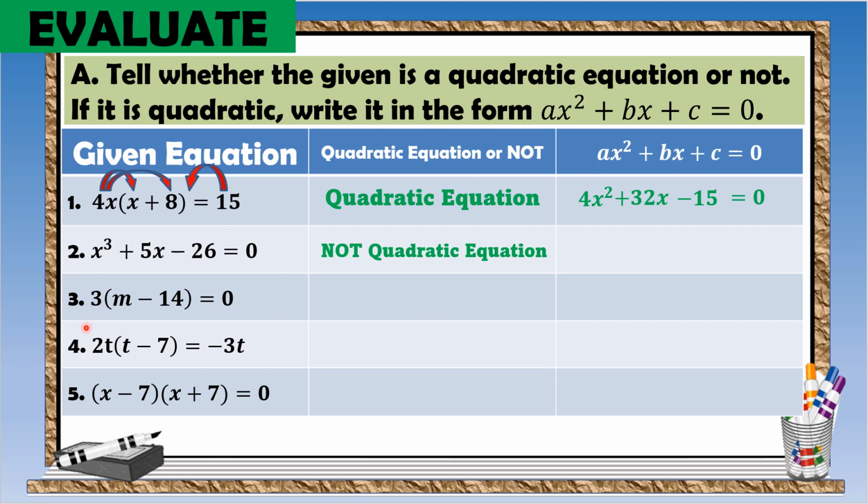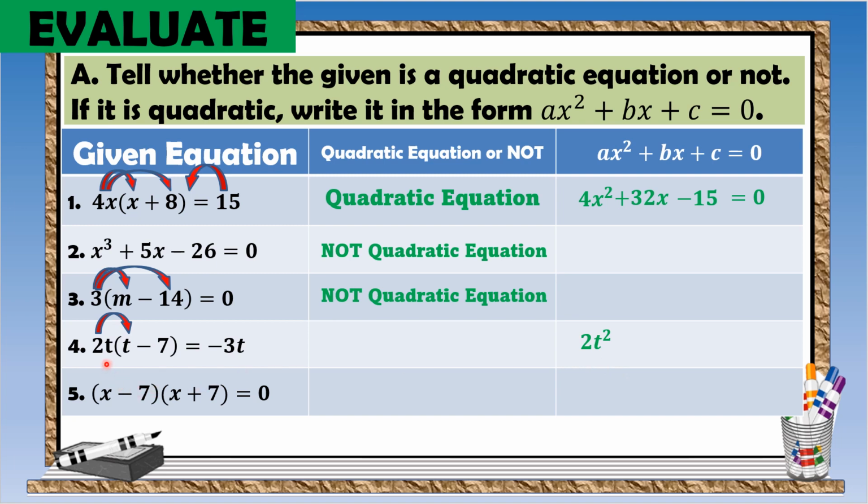Then next, number 3, if you are going to rewrite this using distributive property, 3 times m is 3m, 3 times negative 14 is negative 42, then equals 0. Still, we do not have a degree 2, so this is not a quadratic equation. Then next, rewriting using distributive property again, we have 2t times t, which gives us 2t squared.